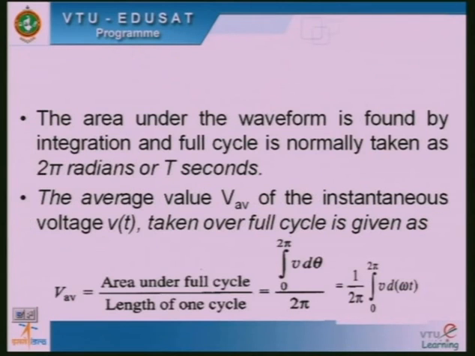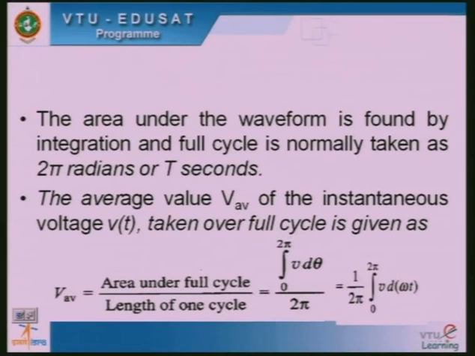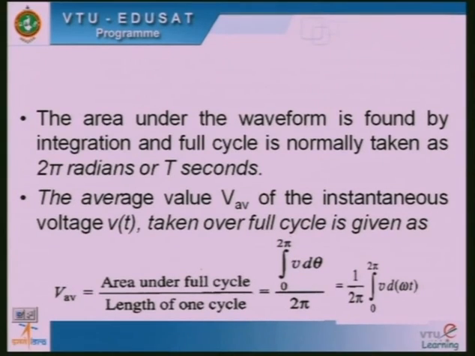Now here you have to see one thing. What I told you, considering 18 values of the voltage and taking the average, is one of the methods to calculate the average value. An analytical method is also there.